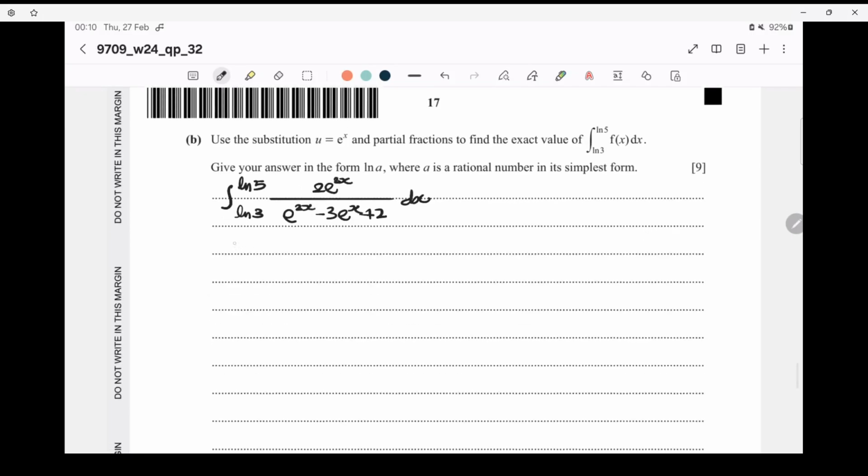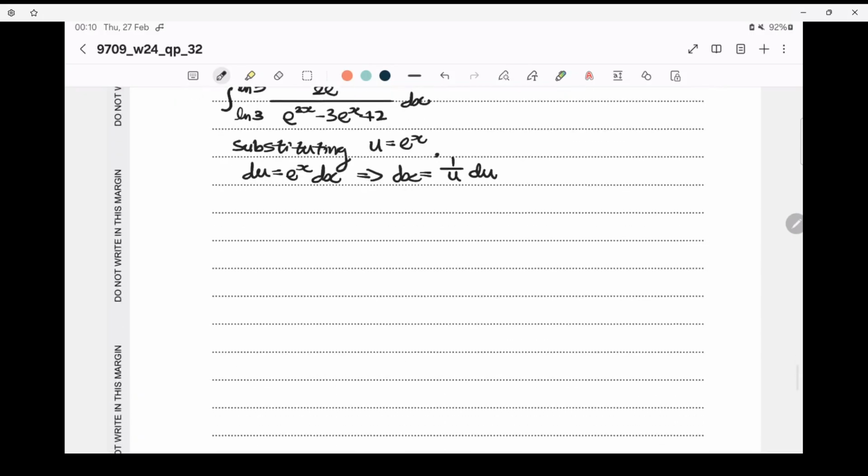So you use the substitution u equals e^x. So du will be e^x dx, or dx equals 1 over u du. Second thing is that when you do the substitution, u equals e to the power of ln 3, which is 3. u equals e to the power of ln 5, which is 5.